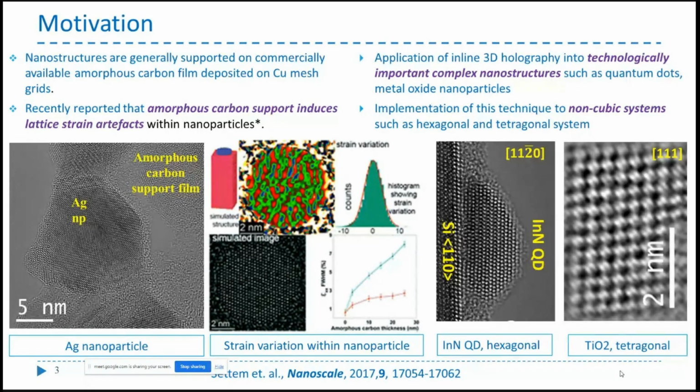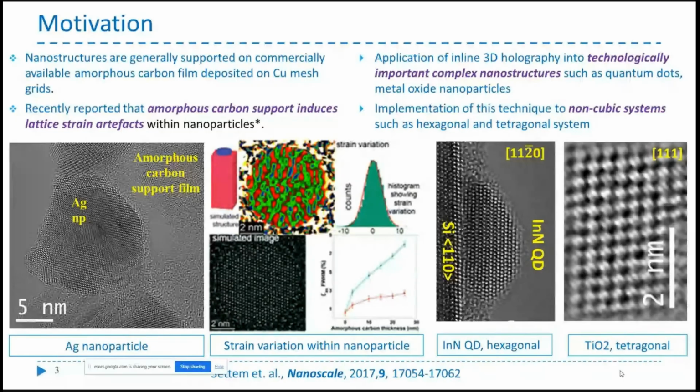When we are working with nanoparticles, generally we broadcast them on carbon. If we broadcast on a carbon film, it actually imparts strain. There is no strain in the nanoparticle, but you will see strain if you measure the strain in the material, if you calculate it from your high resolution image.